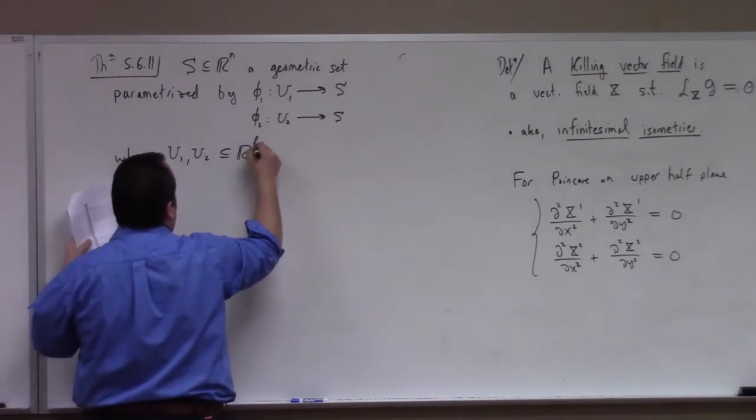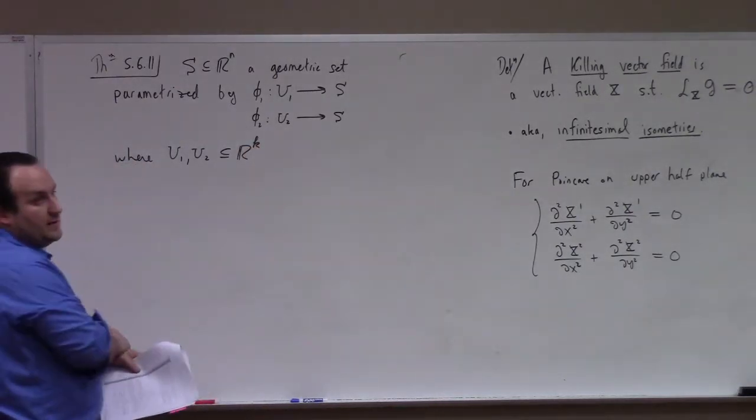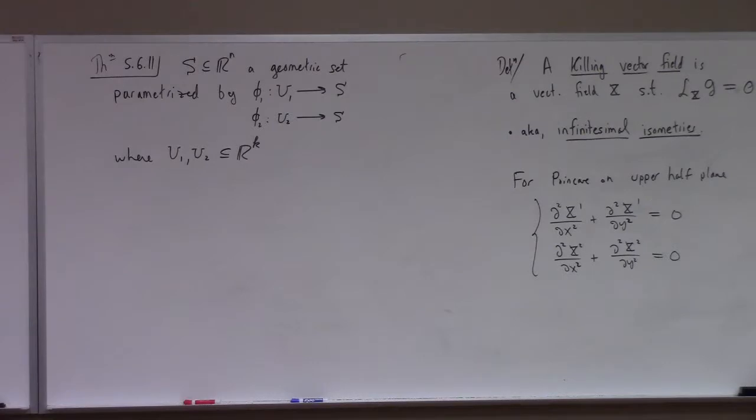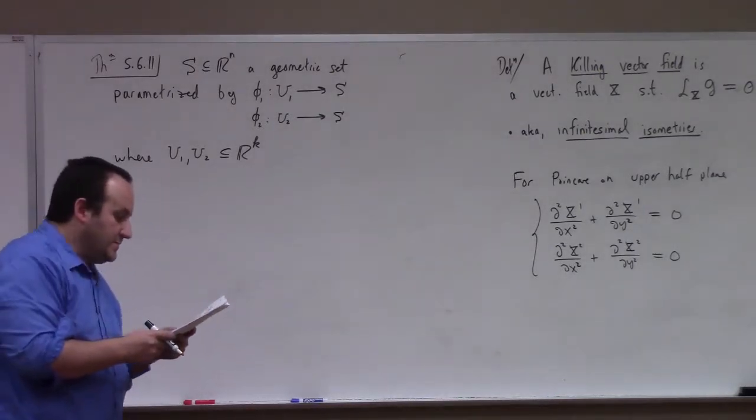So we're talking about a k-dimensional submanifold of Rn, right? And these are two different patches on that k-dimensional submanifold.